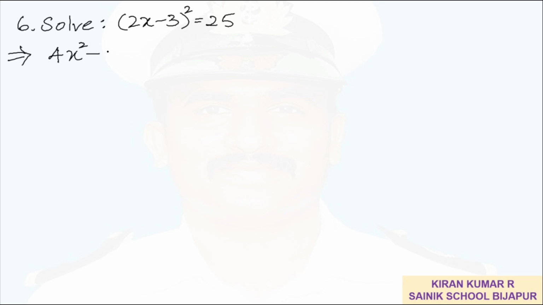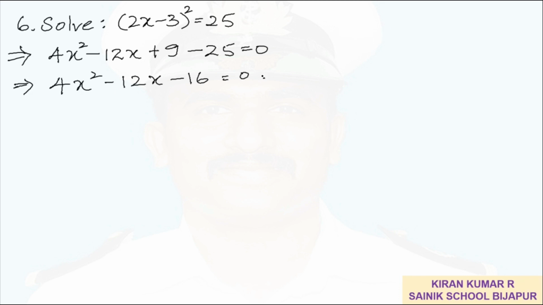Minus 2ab term is negative 12x. b square term is 9. You have to transpose positive 25 to the left hand side, it becomes negative 25. Finally, the equation becomes 4x square minus 12x minus 16 equal to 0.